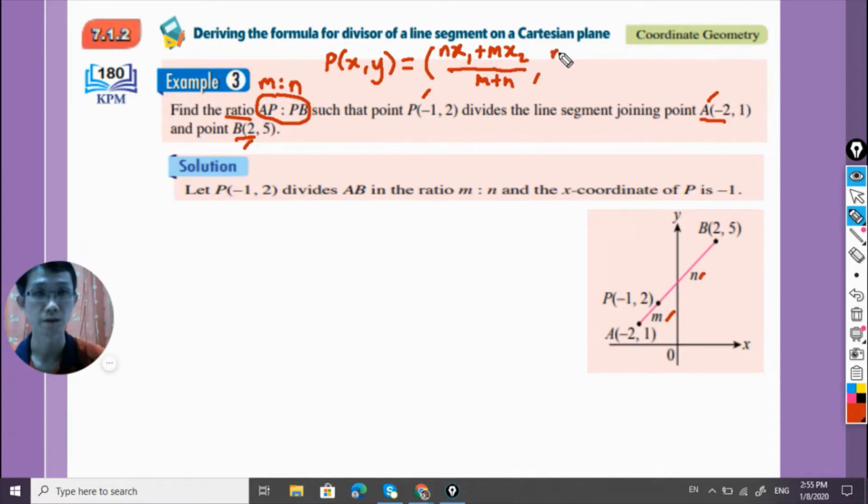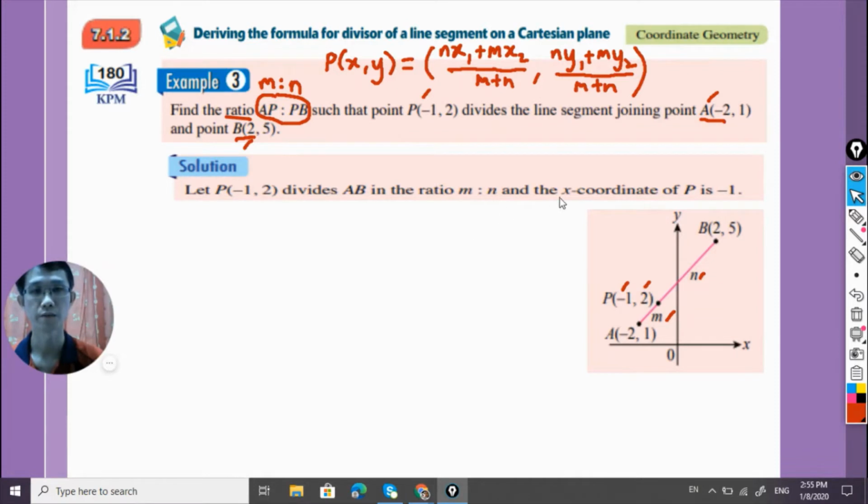The coordinate y is given by ny1 plus my2 over m plus n. Now since both the x and the y coordinates are given for the internal point P, we can either use coordinate x or coordinate y to solve and get the ratio m to n.